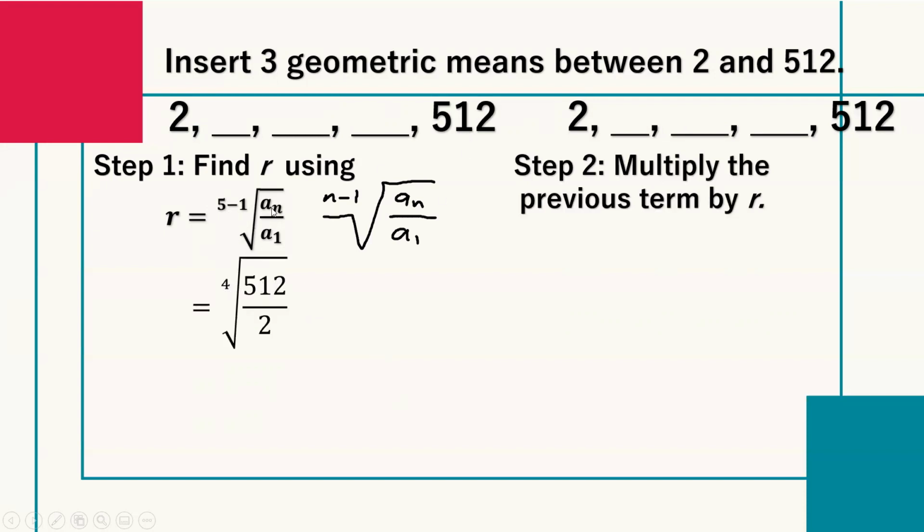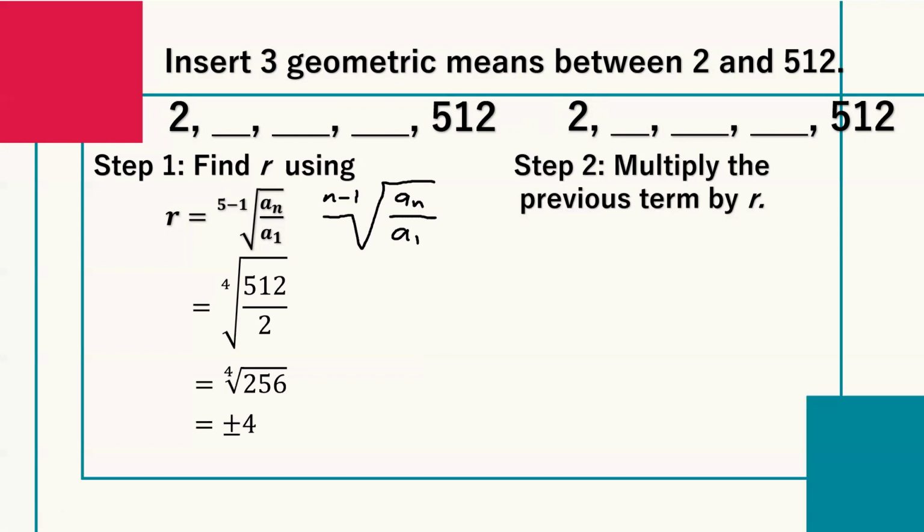And then yung last term for a sub n is 512. Then divide it by 2 yung first term natin. Then divide lang natin yung nasa loob ng radical sign. 512 divided by 2, that is equal to 256. And then find the fourth root of 256, and that is equal to positive negative 4.